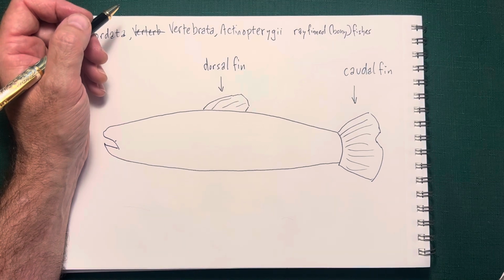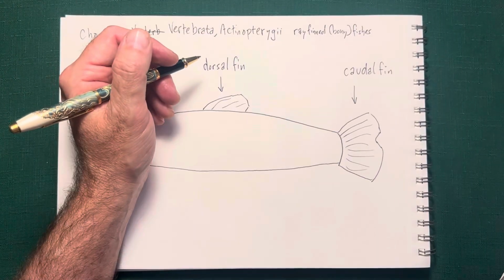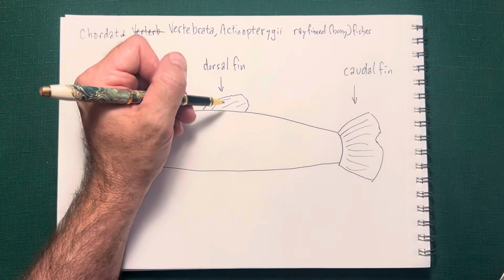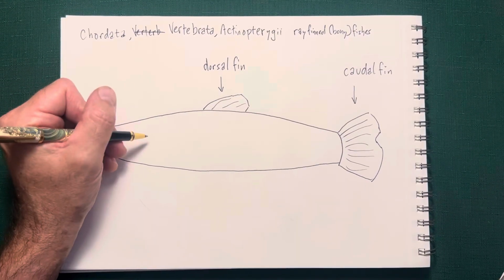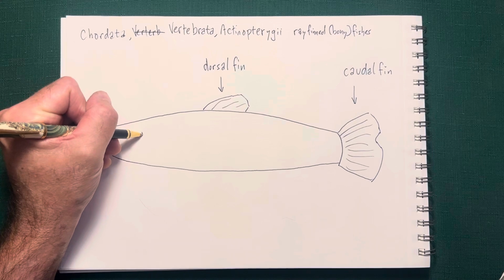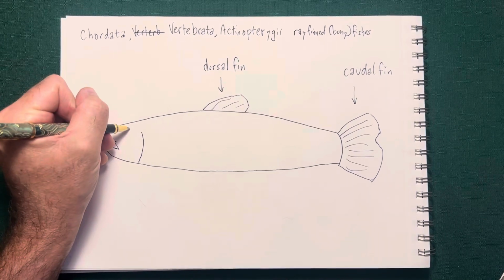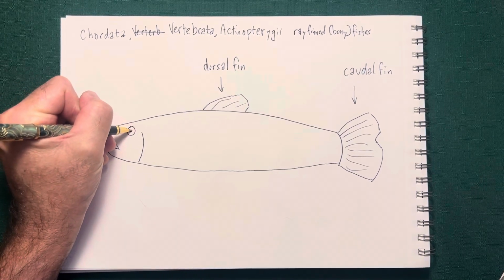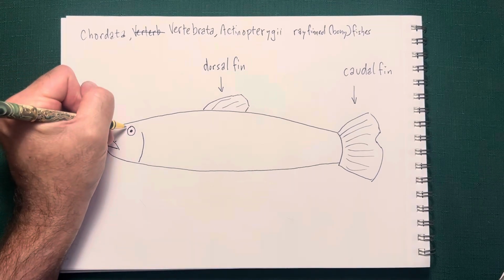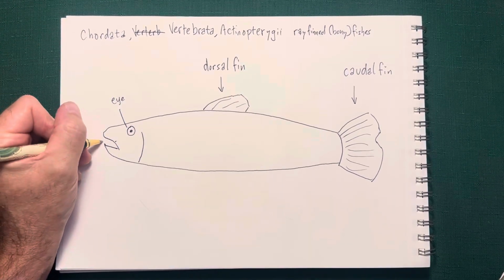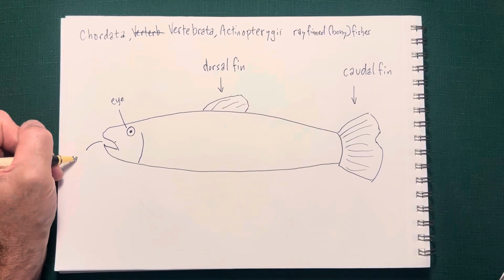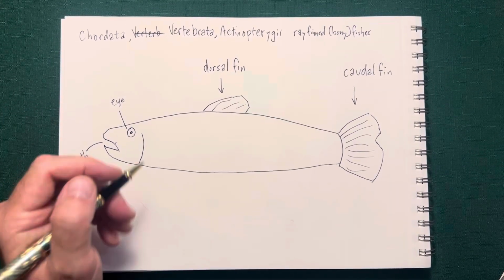Okay, so that's 2 of the 5 fins that we need to know something about. 1, 2, okay. Another fin, and I'm just going to go ahead and up here towards this end, I'm going to draw a couple more bits of the external anatomy. So fish have eyes, image-forming eyes. They have a mouth. That's pretty clear.